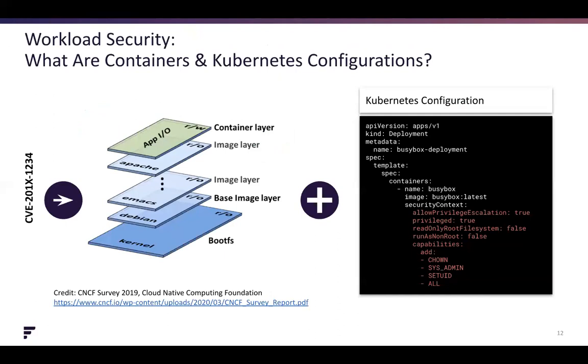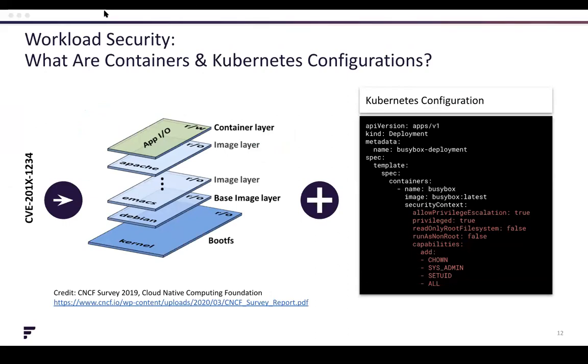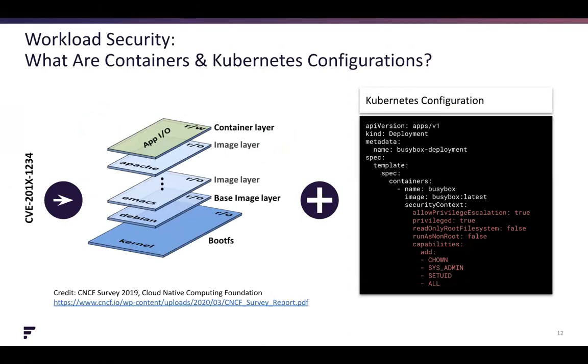So at the configuration layer, there's a lot of security settings that go into the Kubernetes configuration. You can see on the right side here, highlighted in red, we have the entire security context for a sample application. And in this particular example, we're doing a whole bunch of stuff that is very insecure. You can see we've allowed privilege escalation on this container.